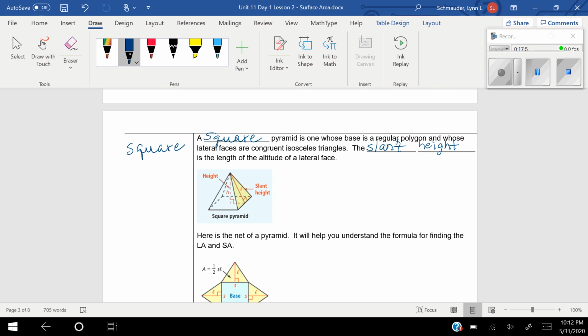Okay, and remember, the lateral faces are all triangles. The height of a triangle is the perpendicular distance from the vertex to the base. And then when I tilt those triangles over to make a pyramid, you can see that the slant height is really just the height of any one of those triangles that makes a lateral face.